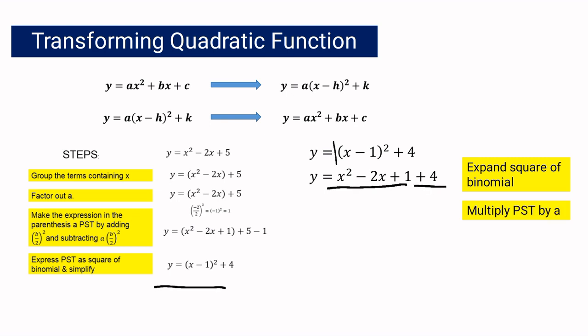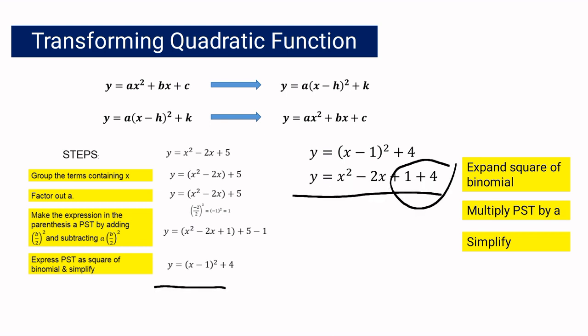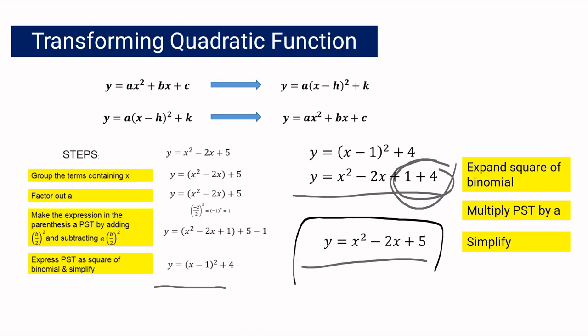Obviously, the value of a is 1, so we will be having the same, no need to do that. And then you need to simplify the whole expression here. Specifically, we are going to combine the two constants. So it will become y equals x squared minus 2x, and then 1 plus 4 is 5. The resulting equation is this one, and again, it is the same as our original given function. Did you get it? Okay, very good.